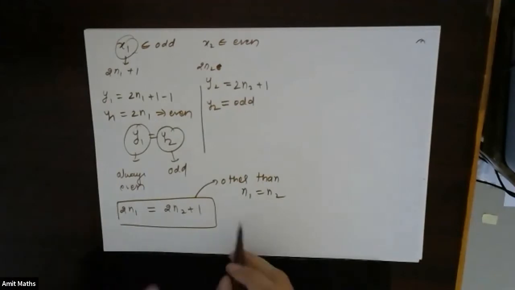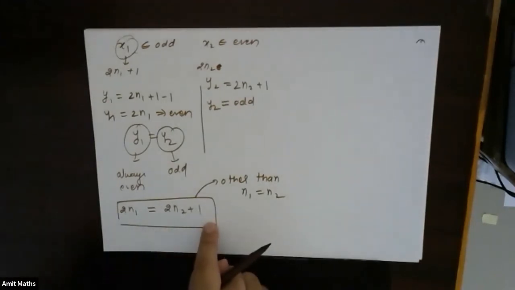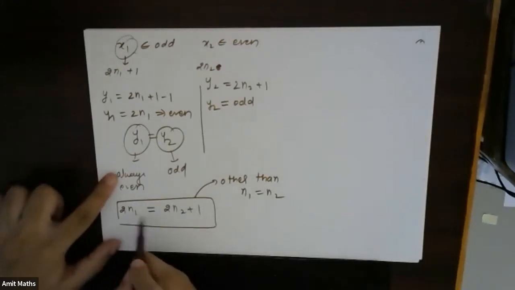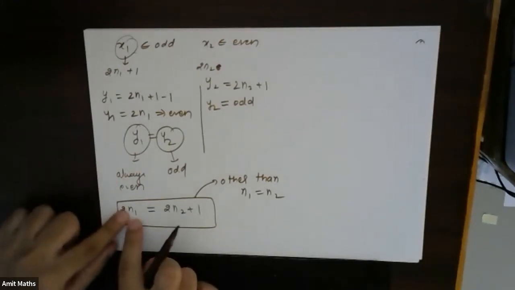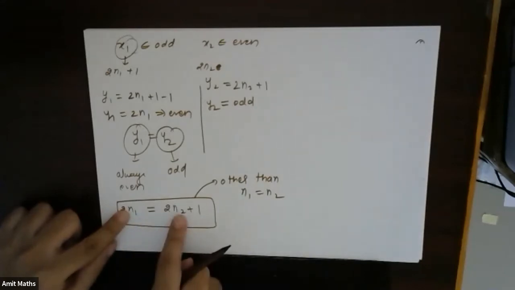But then why am I saying that this is not injective? Because if I substitute n1 as any natural number, n2 will become a non-natural number. It will become a fractional or rational number.